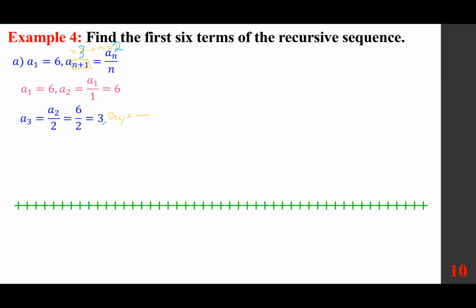The numerator should be what? Anybody? A sub 3. Perfect. Divided by? 3. Perfect. And the answer is 1.